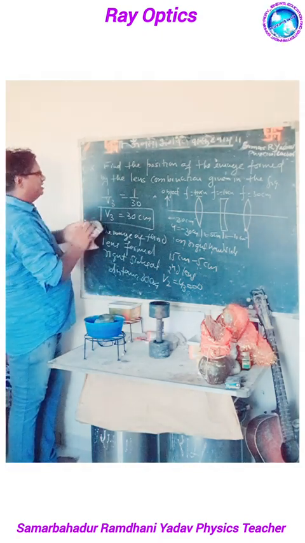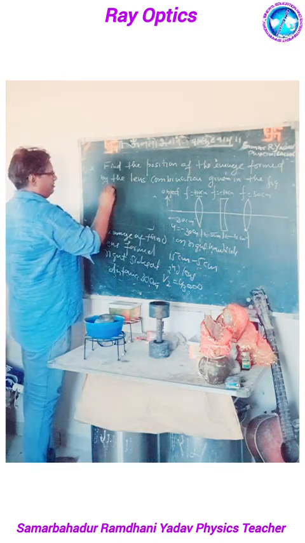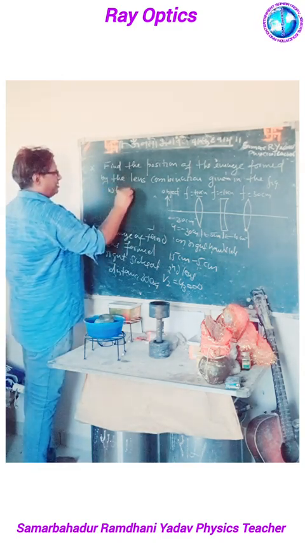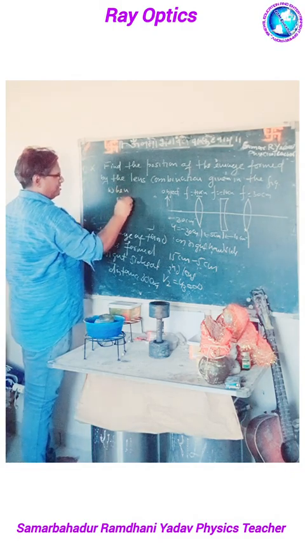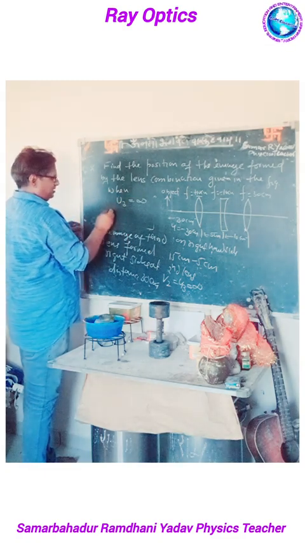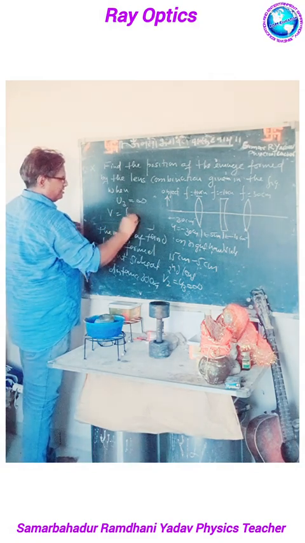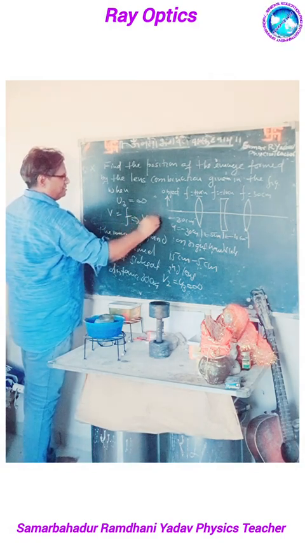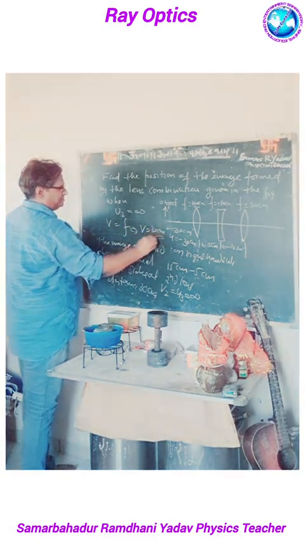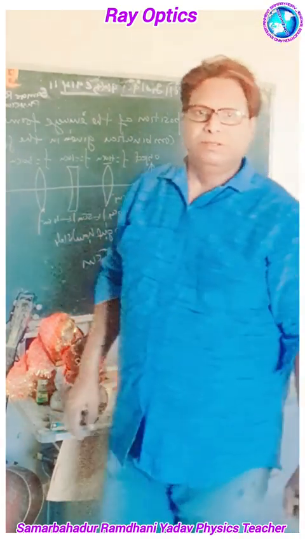We also know that when u3 is equal to infinity, then v is equal to f. Therefore v is equal to 30 centimeter. So this is how you should understand this numerical.